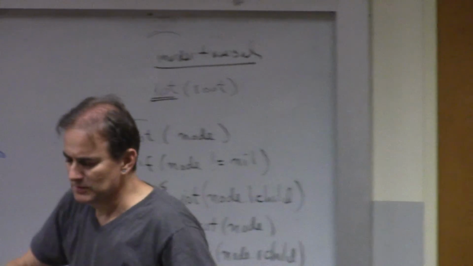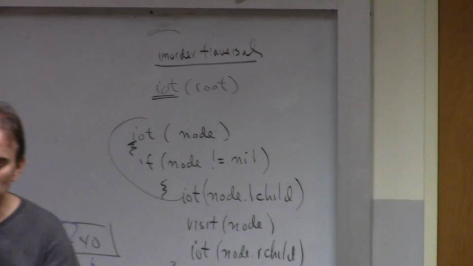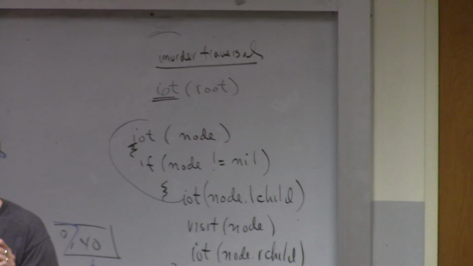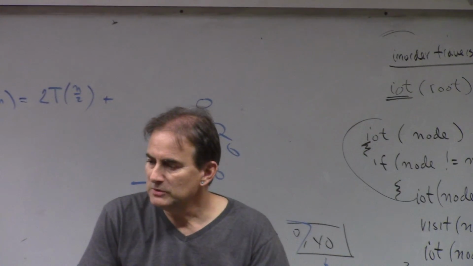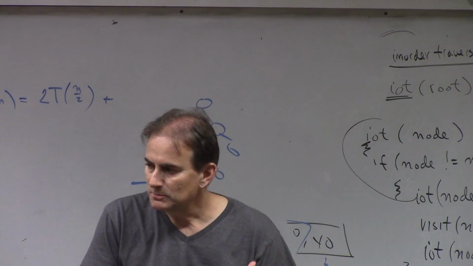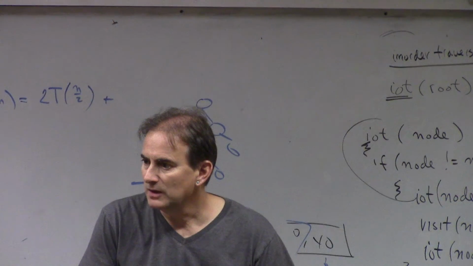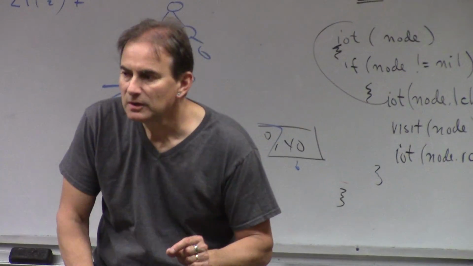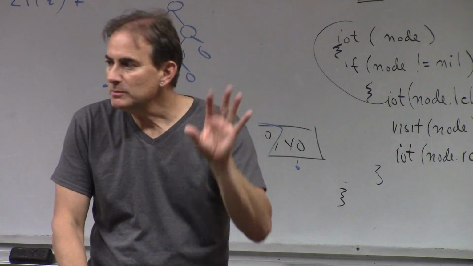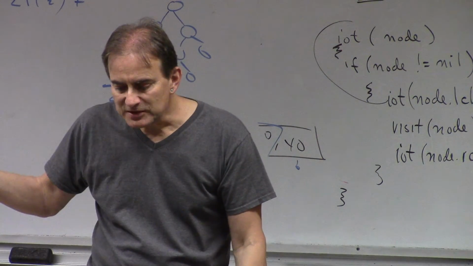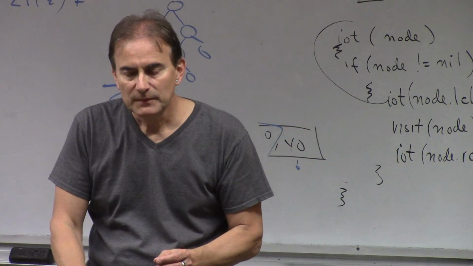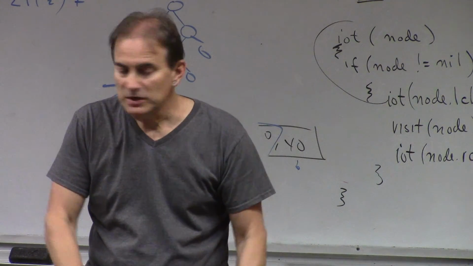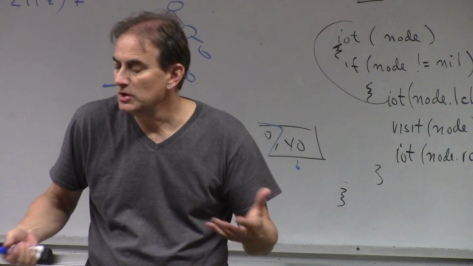Let me say it again, because I'm saying it wrong. Since this is on tape, you're going to say, well, what's he saying? Okay, so we know what the average complexity of quicksort is. Random data, quicksorted, average complexity is 1.38 n lg n. It turns out that if you take random data and you insert it into a tree, you're going to get a tree of a general shape.